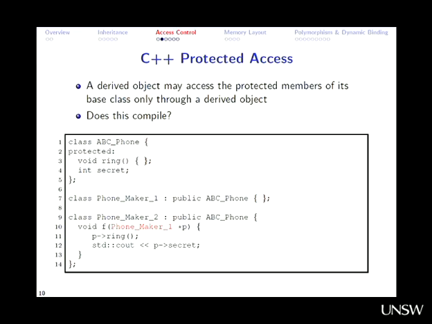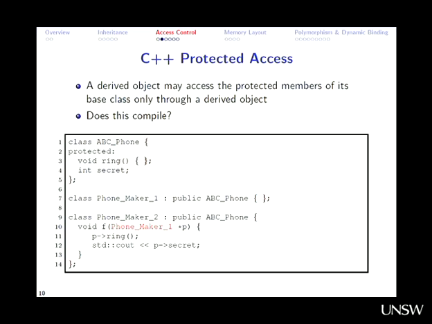There's a couple of different solutions to how we fix that, but this gets into a little bit of a complex situation straight away. Doesn't that mean every time you extend ABC phone, you have to make them all friends with each other? Yeah, exactly. If you want to do this function, you'd have to make every version friends with each other.